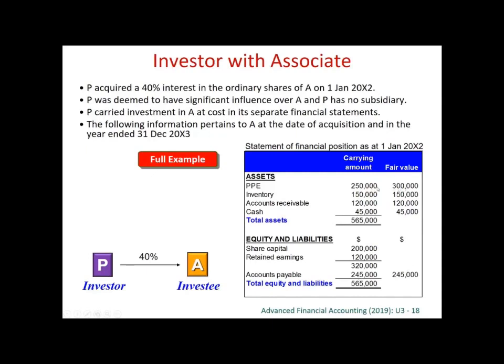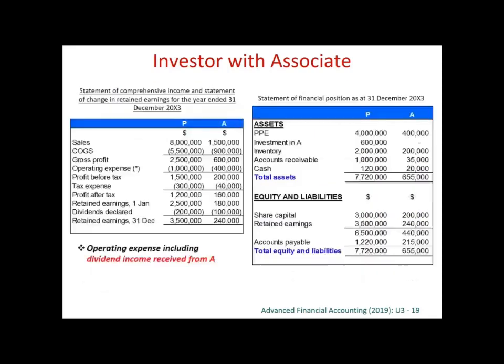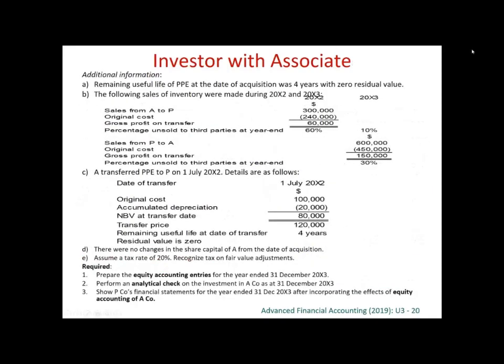So there has been a fair value increment for property, plant, and equipment. We expect that this fair value increment will be gradually amortized throughout the remaining useful life of 4 years. So this is for the fair value adjustments.